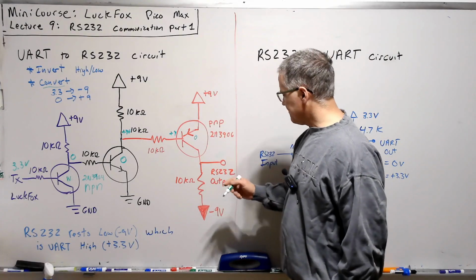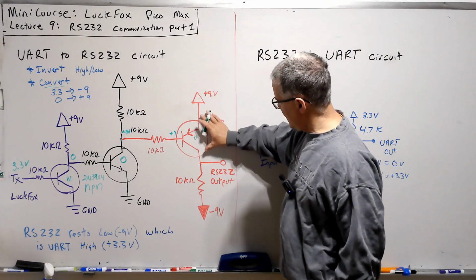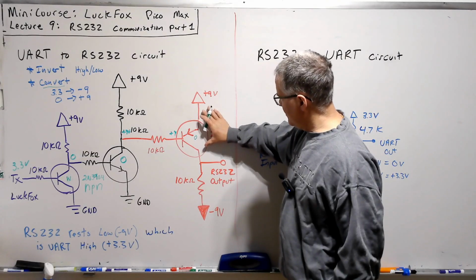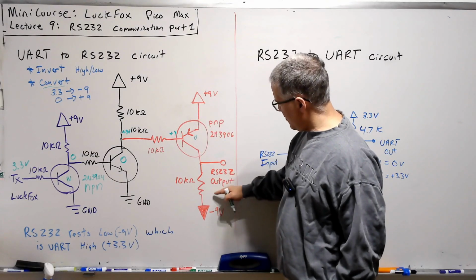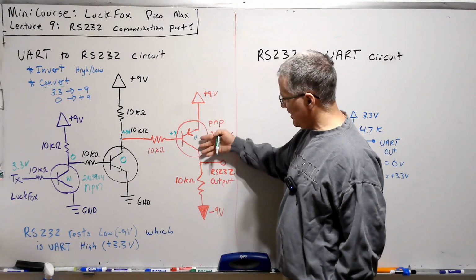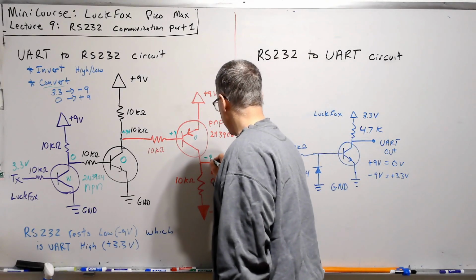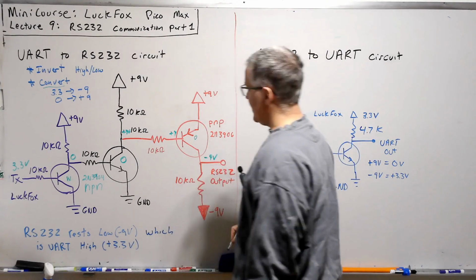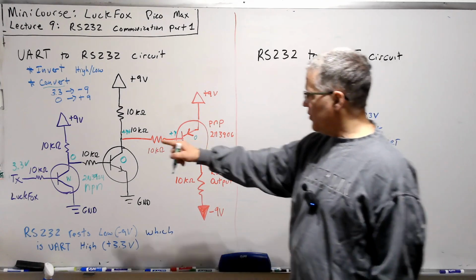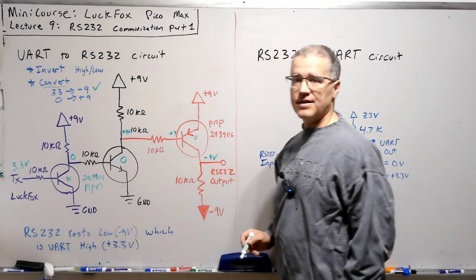What that does is essentially open this up, and so although it's a 10K resistor, this is an infinite resistor, so this is going to be minus 9 volts. And so for an input of 3.3, we get our minus 9 volts. So we have confirmed that.